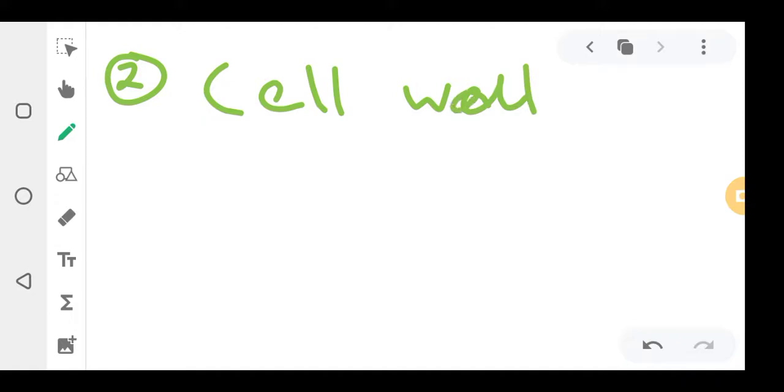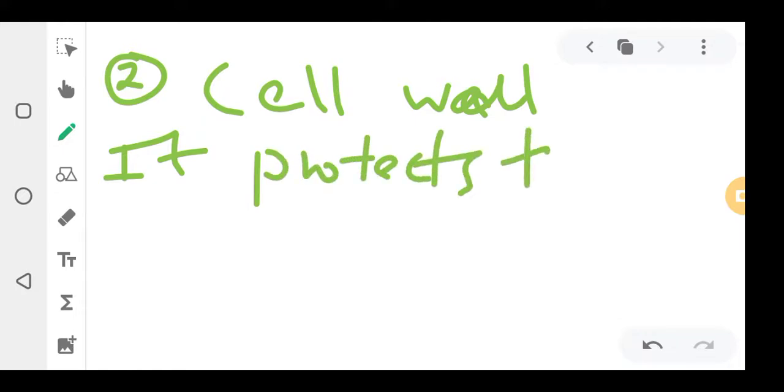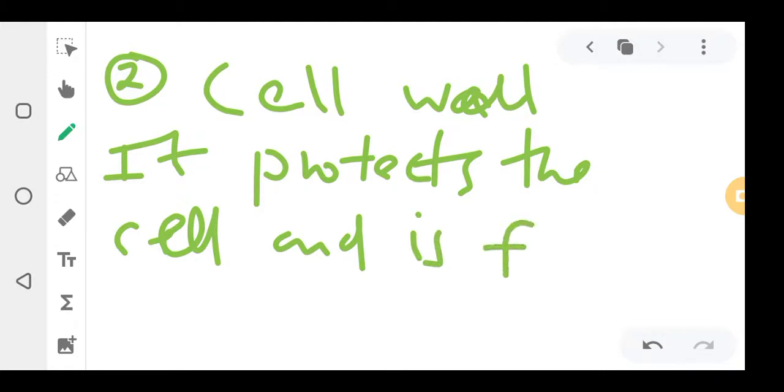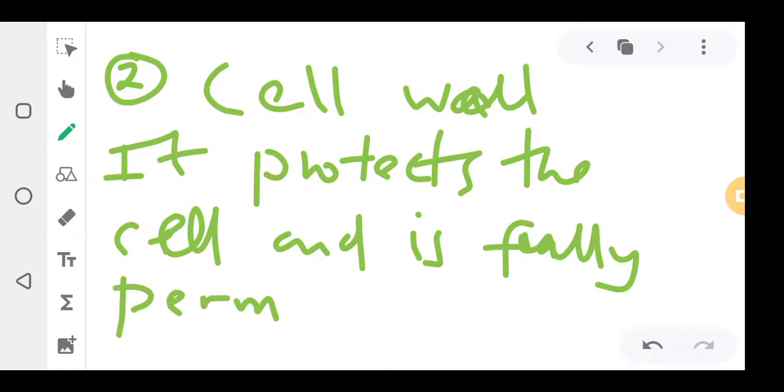It protects the cell, and is fully permeable, meaning it allows all dissolved materials to pass through, such as water, carbon dioxide, and so on. It's fully permeable, so it has got holes which allow all the materials to pass through.